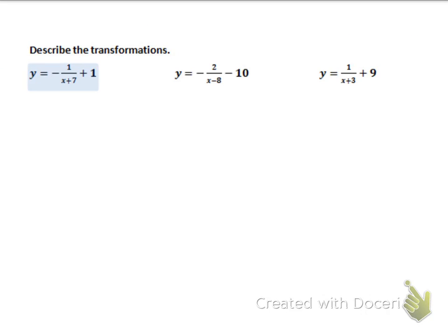Okay, so we have an up one, opposite of what you think, so left, and then this is going to be your reflection over your x.